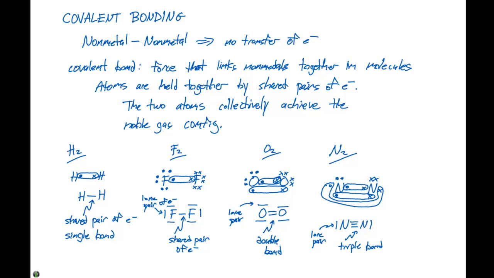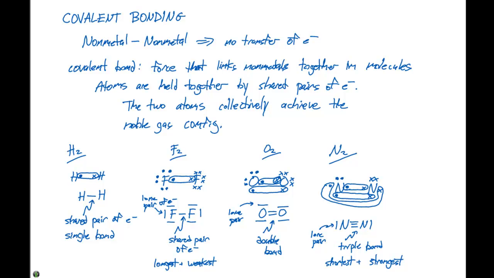So one of the things that we can now do is look at and compare fluorine to oxygen to nitrogen. Our triple bond over here is going to be the shortest bond length, and it's going to be the strongest, whereas our fluorine single bond over here is going to be the longest and the weakest.